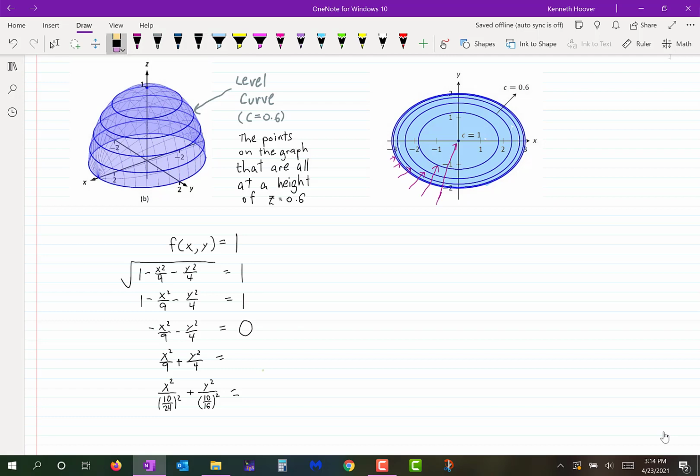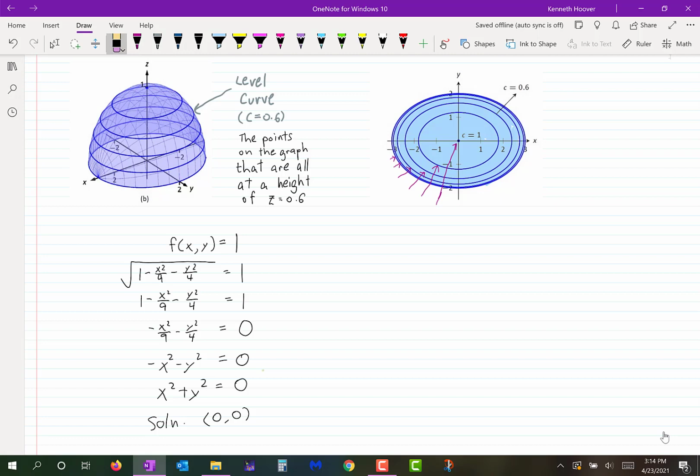There's only one solution for that equation. We get negative x squared minus y squared equals 0, so x squared plus y squared equals 0, and the only solution is the point 0, 0. That corresponds to that location on the graph.